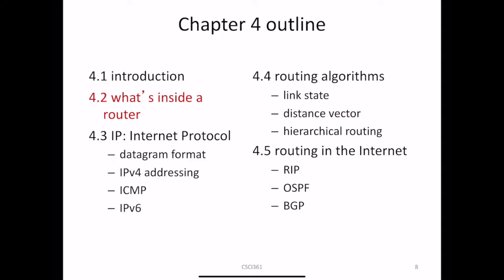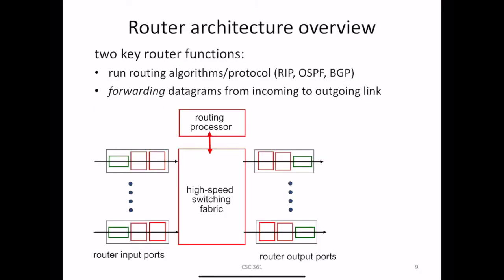Then let's continue to talk about more details inside a router. As we already talked about, there are two key router functions, which are routing and forwarding for each router. Let's see the architecture for each router.